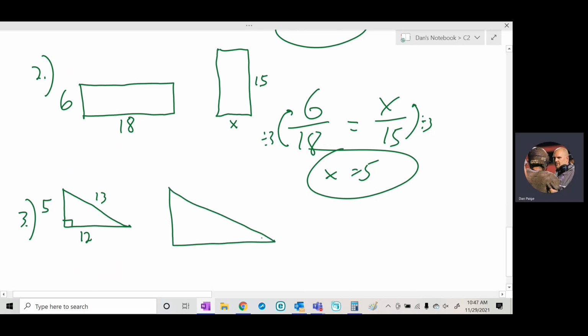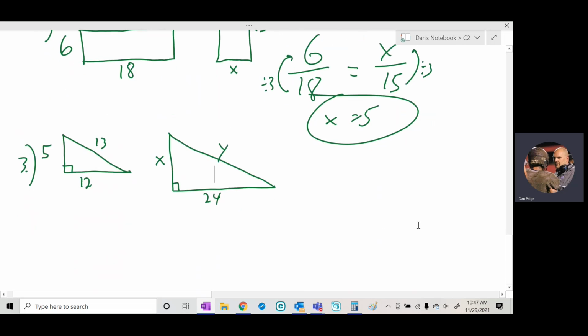And now this side is going to be like this. We don't know this side. This one is 24, and we don't know that side. You're going to have to find both x and y. Dun, dun, dun. All right. Go for it.